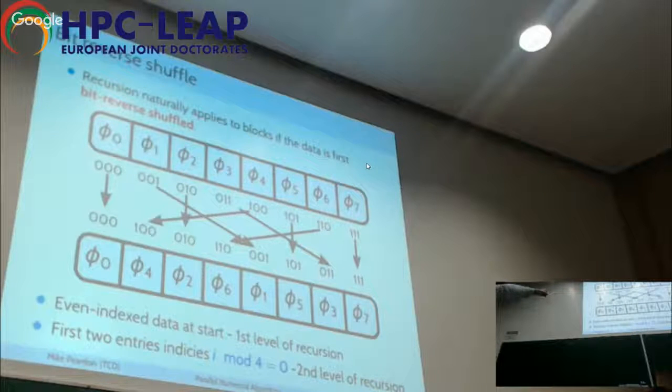On the left-hand first 4 slots in my computer's memory after I've done this shuffling are all the even entries. 0, 2, 4, and 6 are all in there. They're still shuffled around a bit, but the even numbers appear first, and the odd numbers appear at the end.